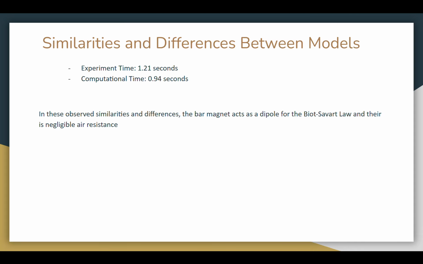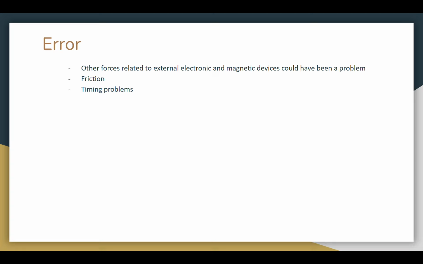In these observed similarities and differences, the bar magnet is basically a dipole for the Biot-Savart law, and there is negligible air resistance. So, taking a look at all this, we can see that there are a number of errors that would lead us to believe that the experiment time was increased. So, for our sources of error, we think that there are forces related to external electronic and magnetic devices that could have been a problem.